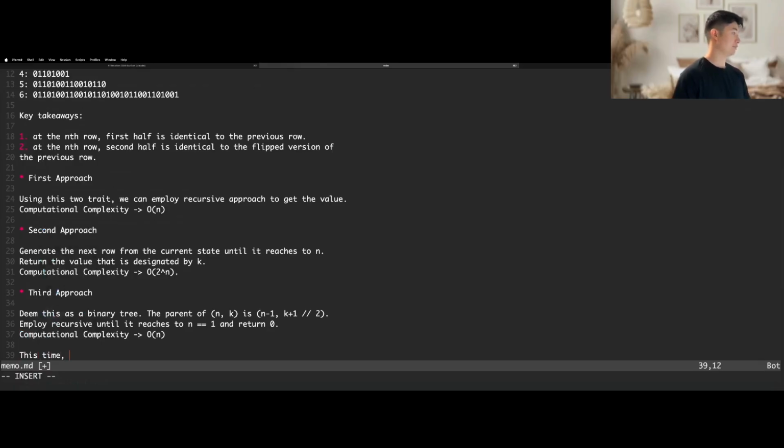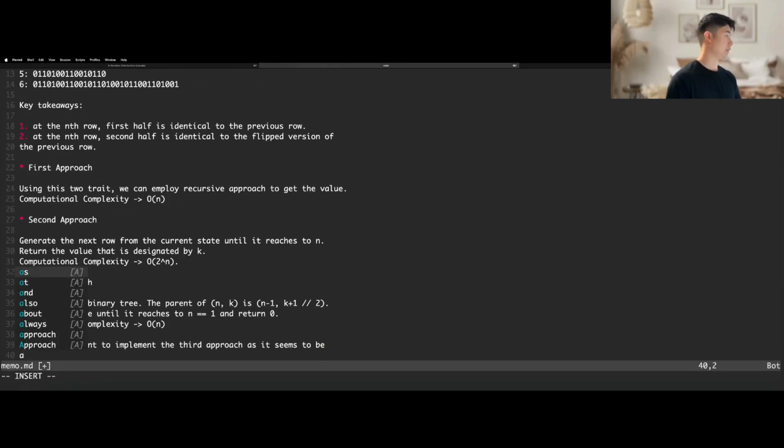This time I want to implement the third approach, as it seems to be a typical solution.